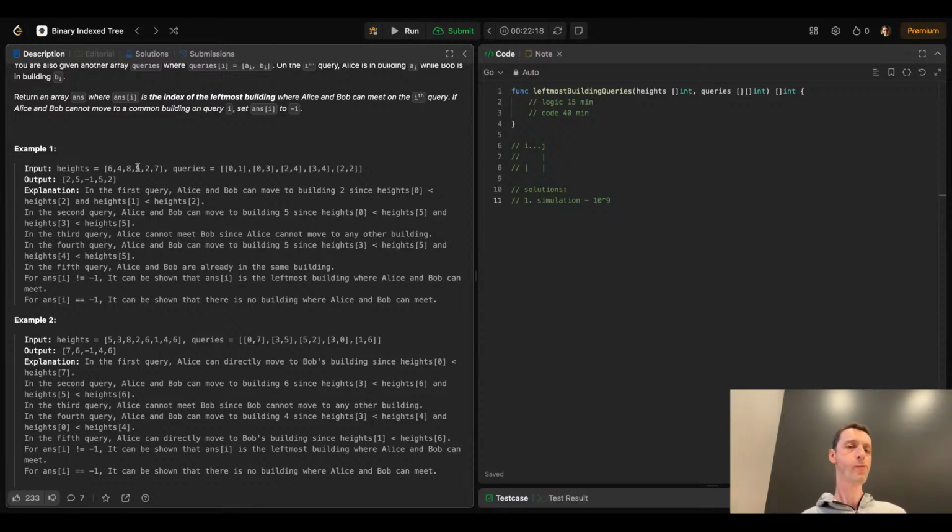And I mean, we will have to iterate over them again and just try and see if any of them has a higher index.